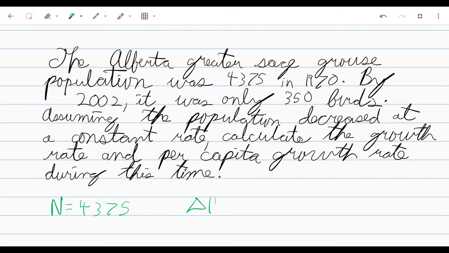Delta N is going to be equal to the new population size minus the original, which is going to be equal to negative 4,025.